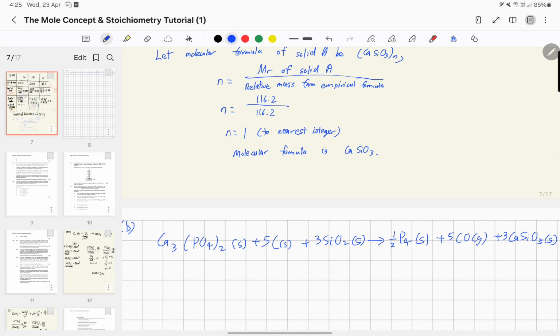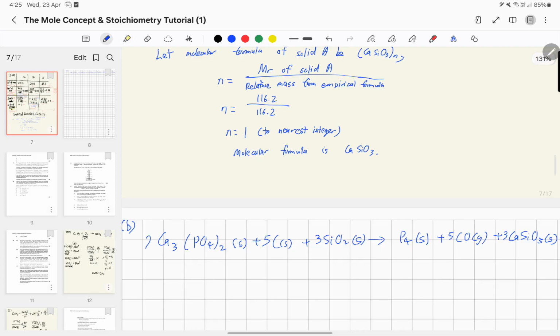You can put fractions in your final answer, but I try not to recommend that. It's always safe to put it into whole numbers. So I will multiply everything by 2. Just check one more time.